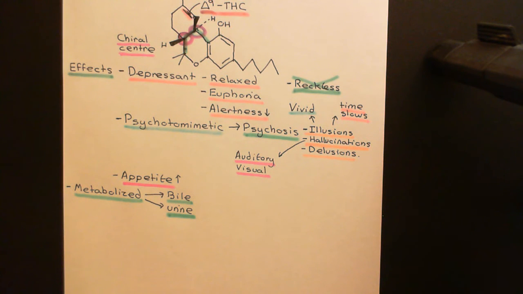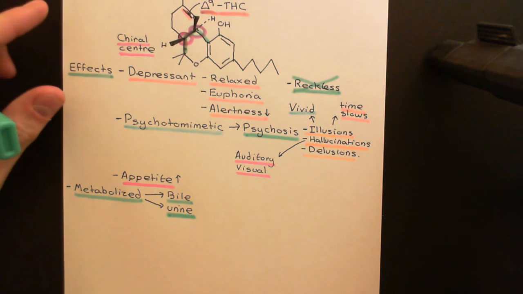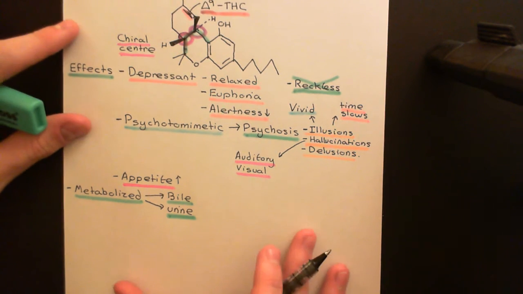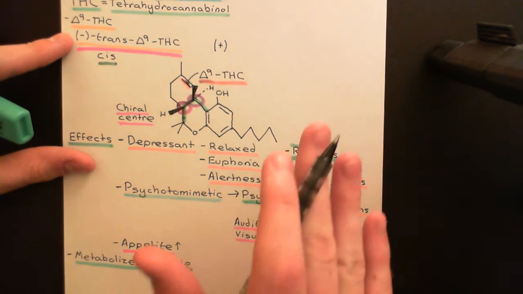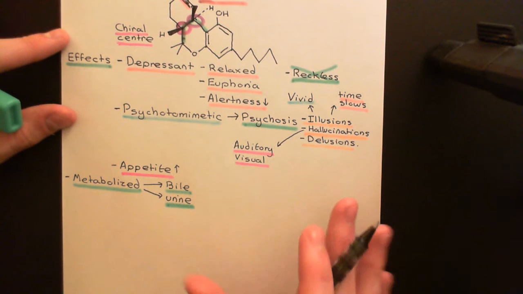Another key point to note about the pharmacokinetics of delta-9 tetrahydrocannabinol is that because it's such a lipophilic molecule, it's very hydrophobic, it actually can end up getting stored in the fat.